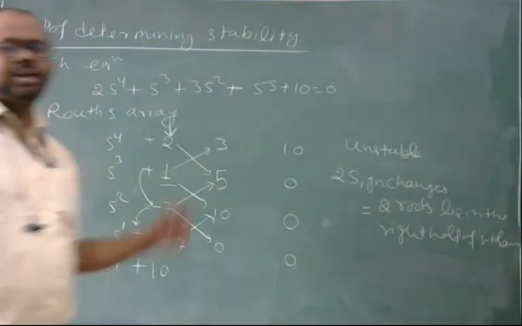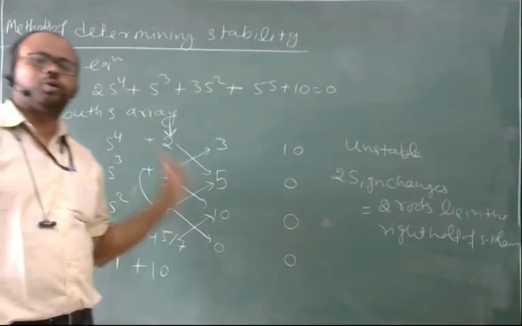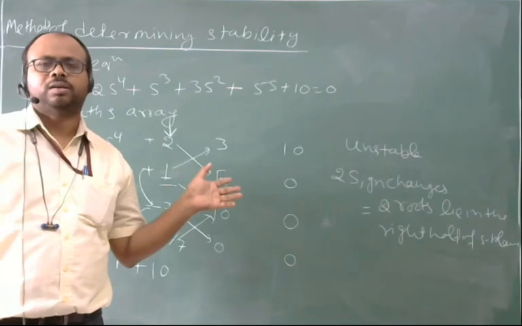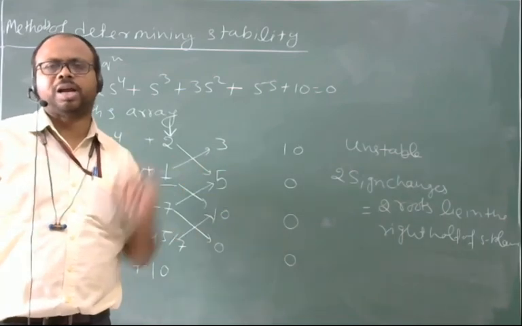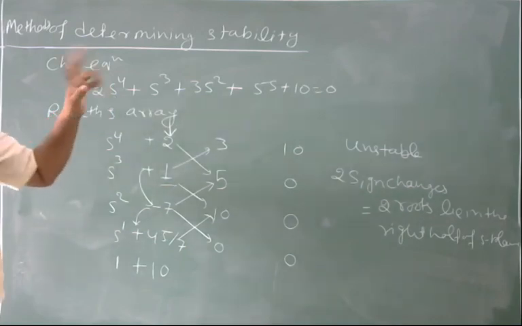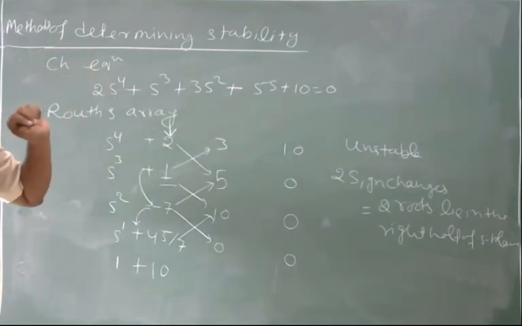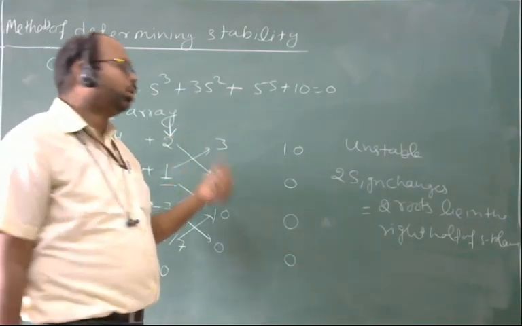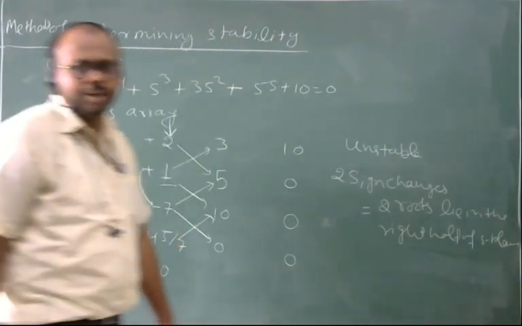We cannot find the values of these two roots from the Routh array criteria, that is, which roots lie in the right half of the S plane. Here in this characteristic equation I am having 4 roots, and 2 of these 4 roots lie in the right half of the S plane.